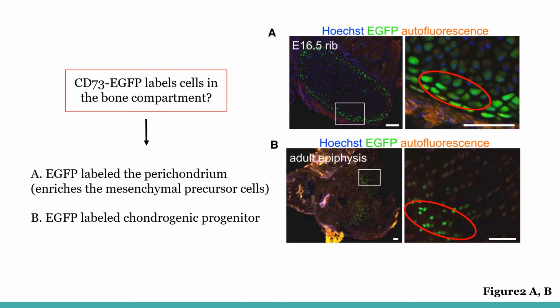This result shows that the EGFP positive cells in this bone compartment could be MSCs. In addition, in time-lapse microscopy, they found that the EGFP positive cells can propagate and display the MSC morphology.